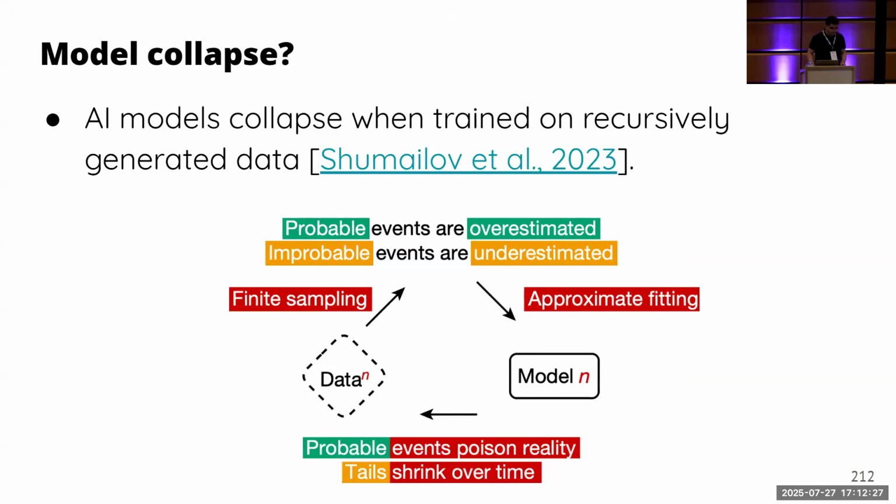One negative possibility is that the model might collapse. As also explained by Vijay in the third section, some people believe that AI models might risk collapsing when trained on recursively generated data. And they have provided the theoretical proof from the perspective of information.